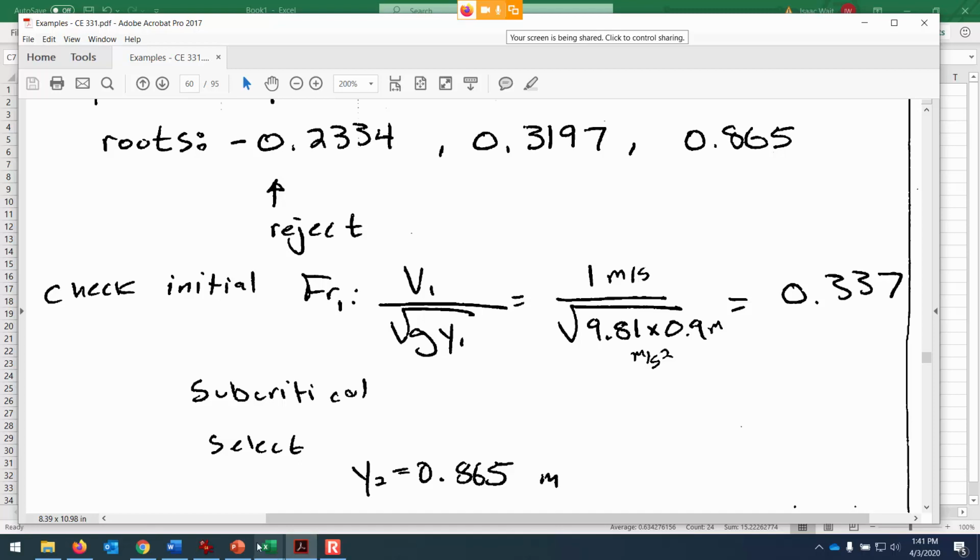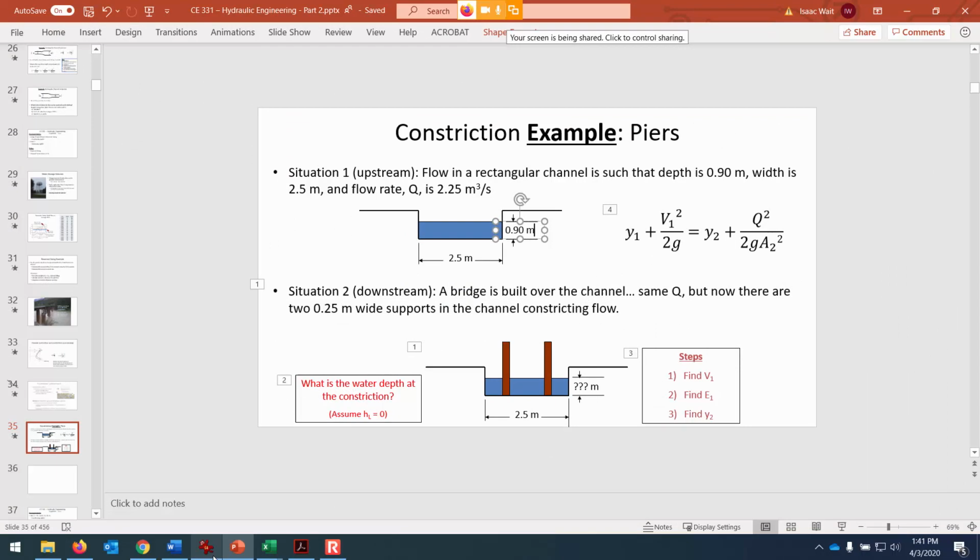So it's another one of those kind of gee whiz type things where if you're thinking about what's happening when water has to get around an obstruction, you maybe would have expected that it would get deeper because of the decreased flow width. You think if you're putting in an obstruction, that's maybe going to cause the water to get deeper.